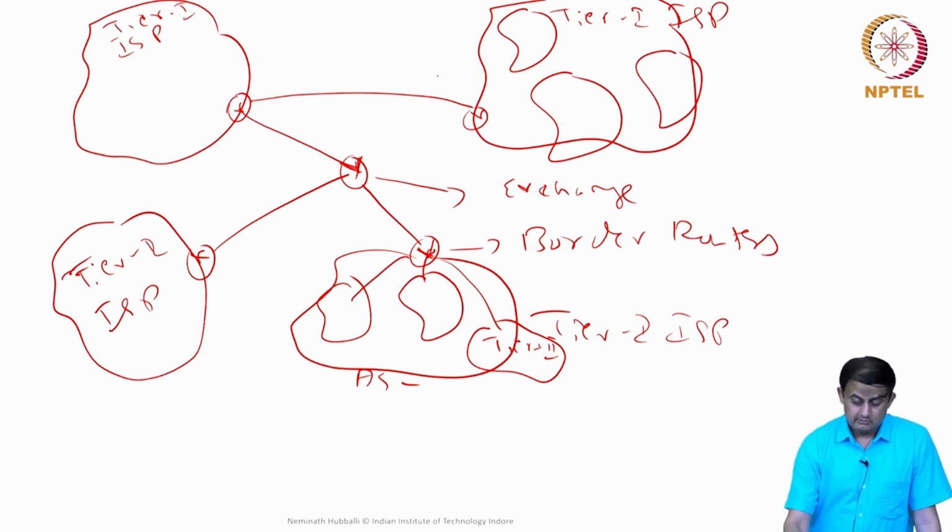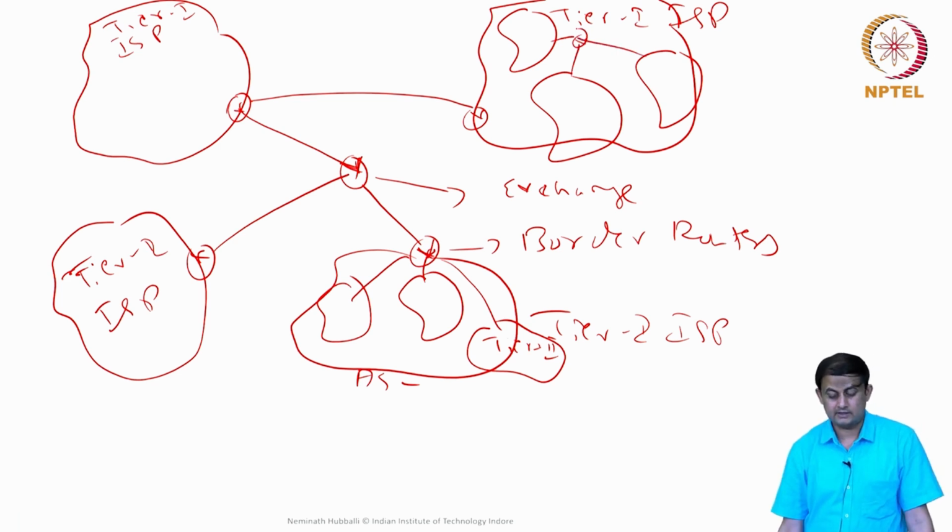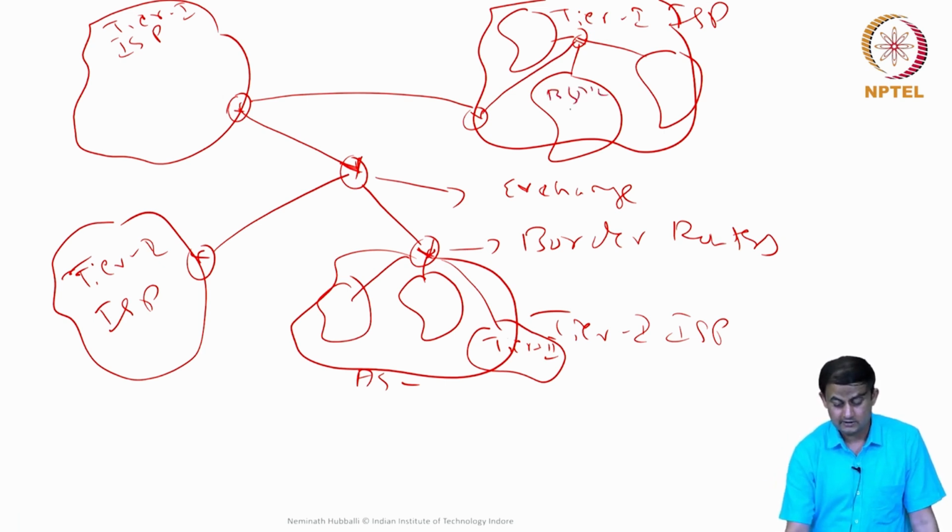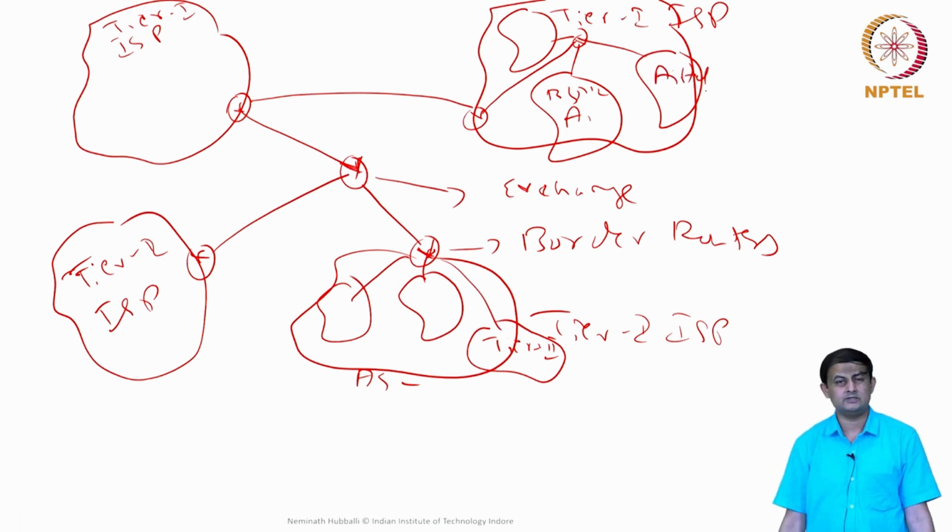The tier 1 ISPs have something called points of presence. These tier 2 ISPs might connect to their point of presence locations and then buy bandwidth. So this could be probably a BSNL network in India, an Airtel network in India, and something like this. These are probably the tier 2 ISPs.